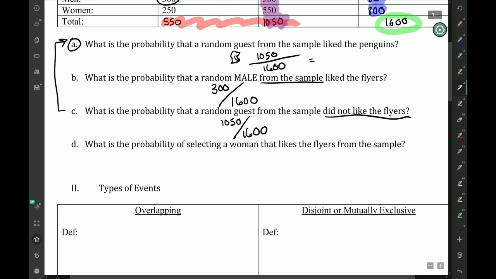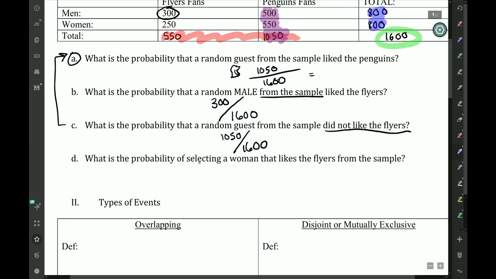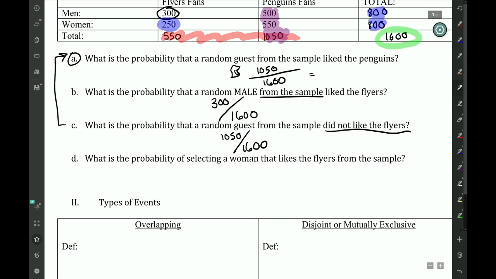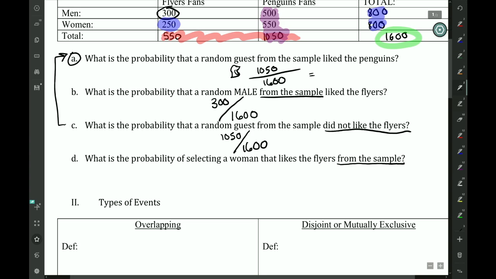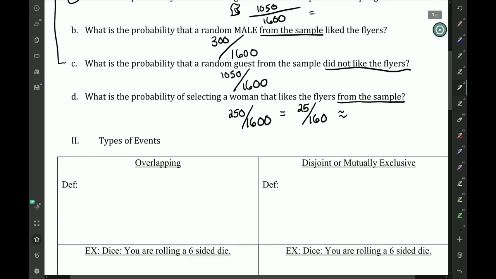And the probability of selecting a woman that likes the Flyers: there are 250 ladies that like the Flyers. And again, if I'm selecting from the entire sample, that's just 250 over 1,600. You could simplify these right off the bat, you know it's 25 over 160, but for our sake, we'll just keep them as fractions.